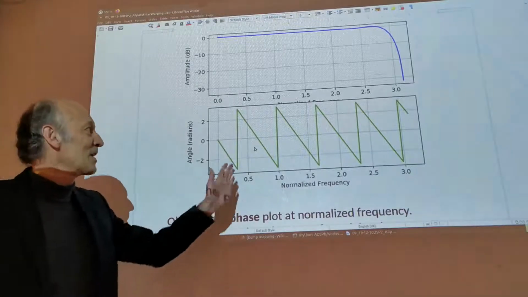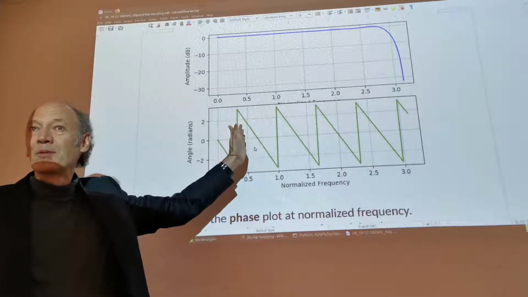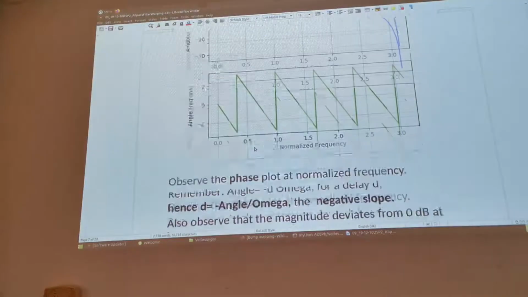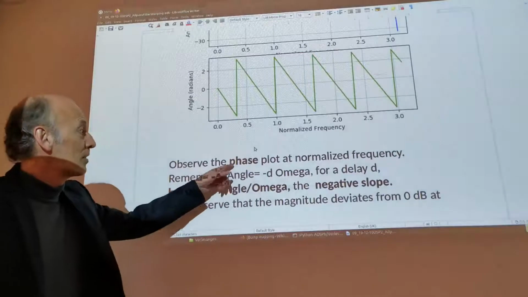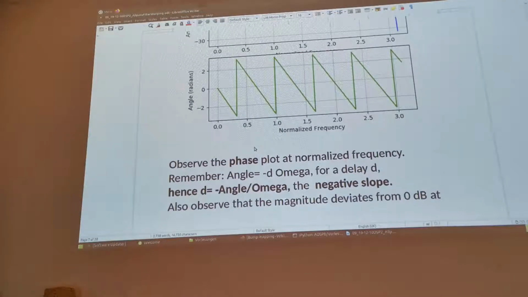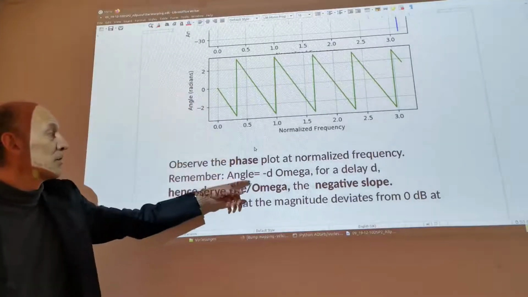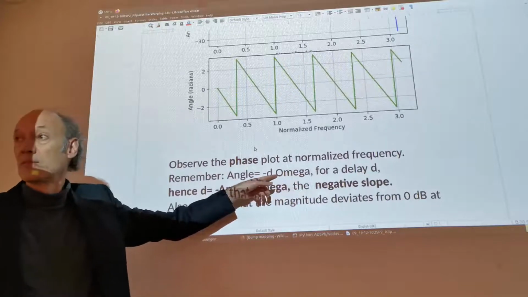Well, remember, the delay is the negative slope. This is actually what I wrote down here. So in our case, when we have a delay of d samples, a pure delay, then this angle can be written as minus the delay d times the normalized frequency omega.